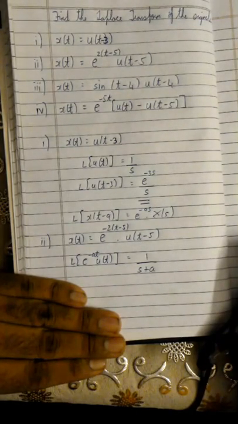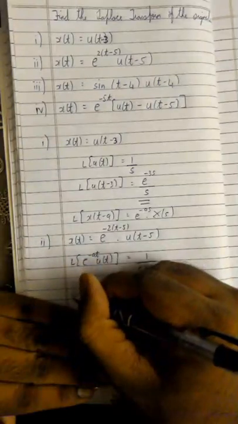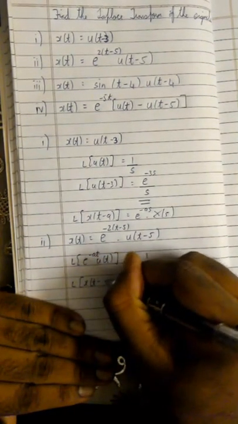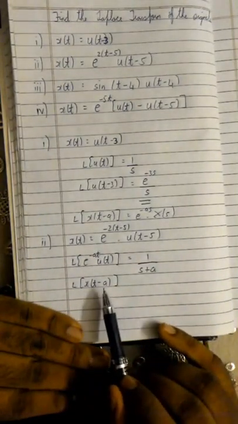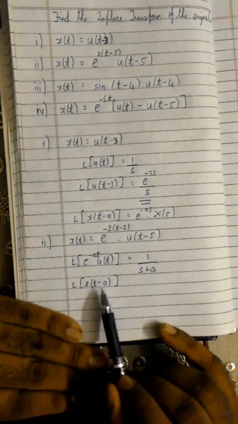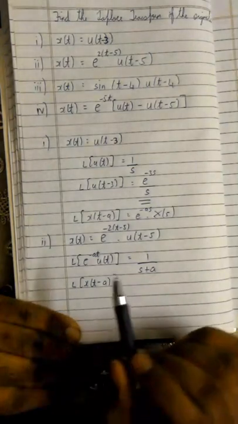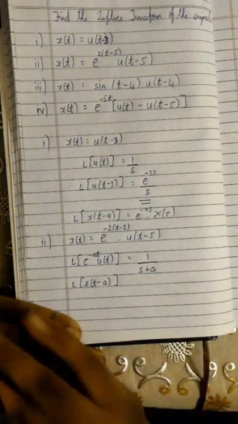Here you should remember the meaning of the Laplace transform of x of t minus a. If I am going to apply the time shifting property, then I have to replace every t in that equation with t minus a. That is the meaning of the time shifting theorem, right? That means all the t values should be replaced with t minus a.